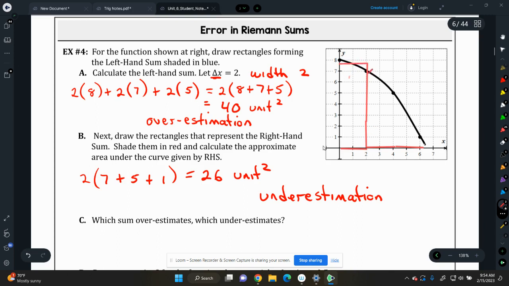Why can't we just do between 40 and 26, a 14 difference? Then you add 7 or subtract 7, you get 33. If you've already done the left and the right approximation, yes, you can do that. Yes, you could take the average between the two and get the mid. Or if you don't have those approximations and you're just asked to find the midpoint approximation, drawing the rectangles really helps.